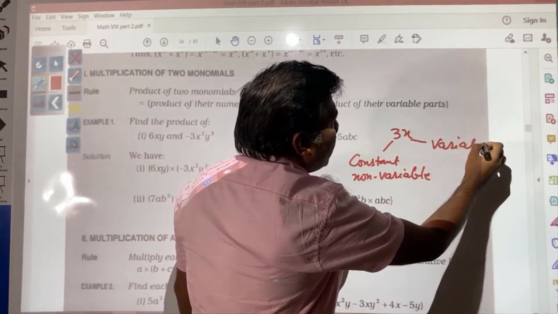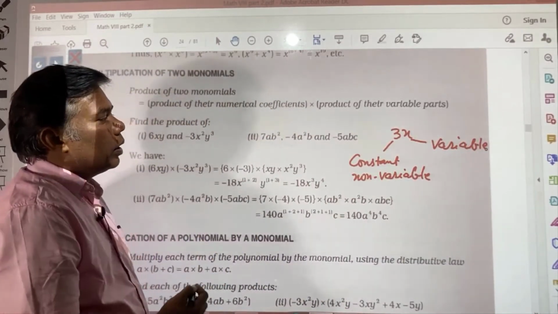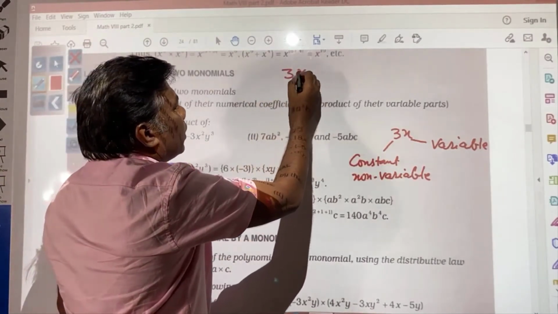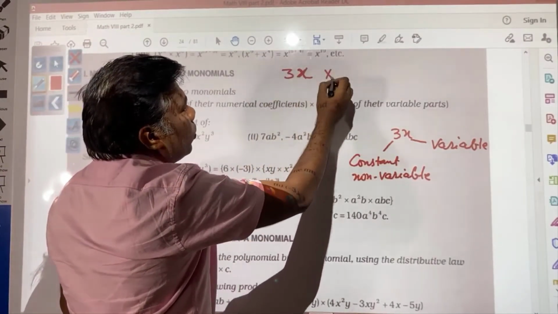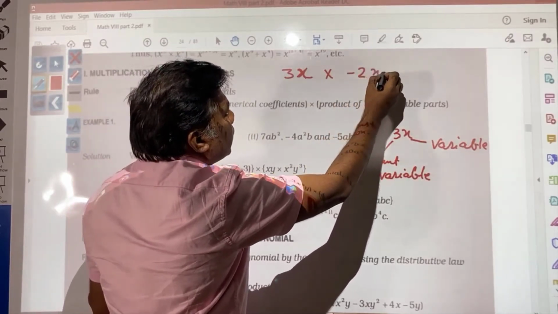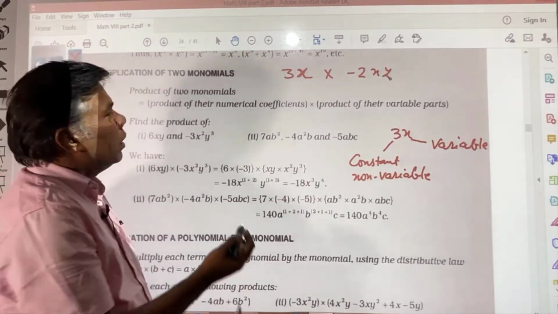So when we multiply two monomials, suppose here you have 3x into minus 2xy, how will we multiply this?